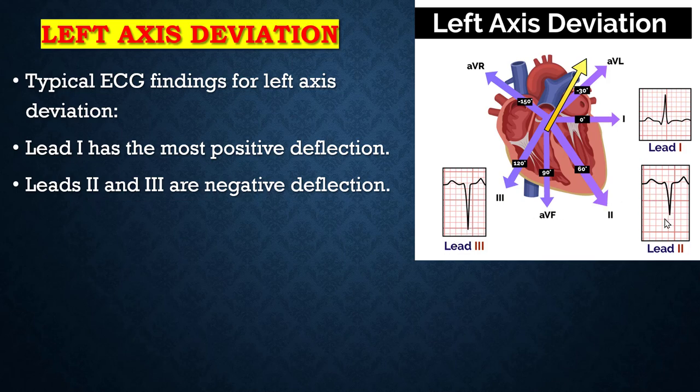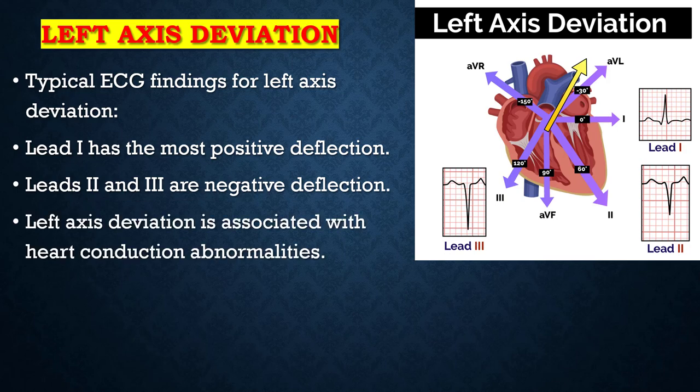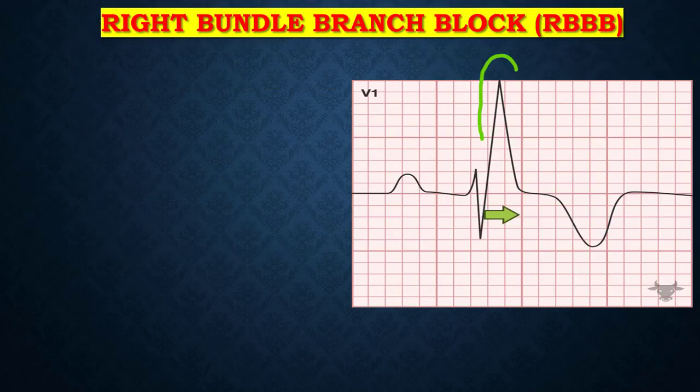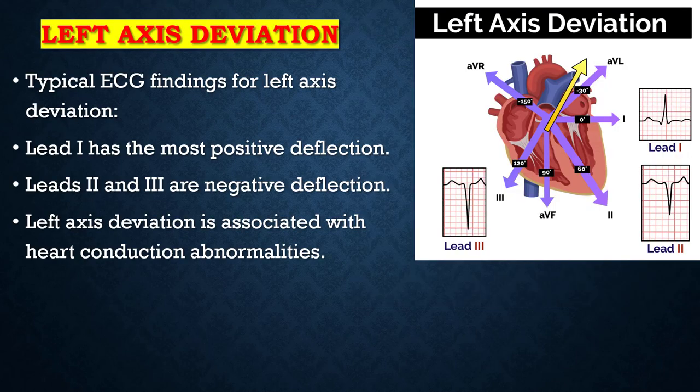So in this type of finding on the ECG graph, in lead 1 there is upward deflection and in lead 2 and lead 3 there is downward deflection. This is left axis deviation. Axis deviation is associated with heart condition abnormality.